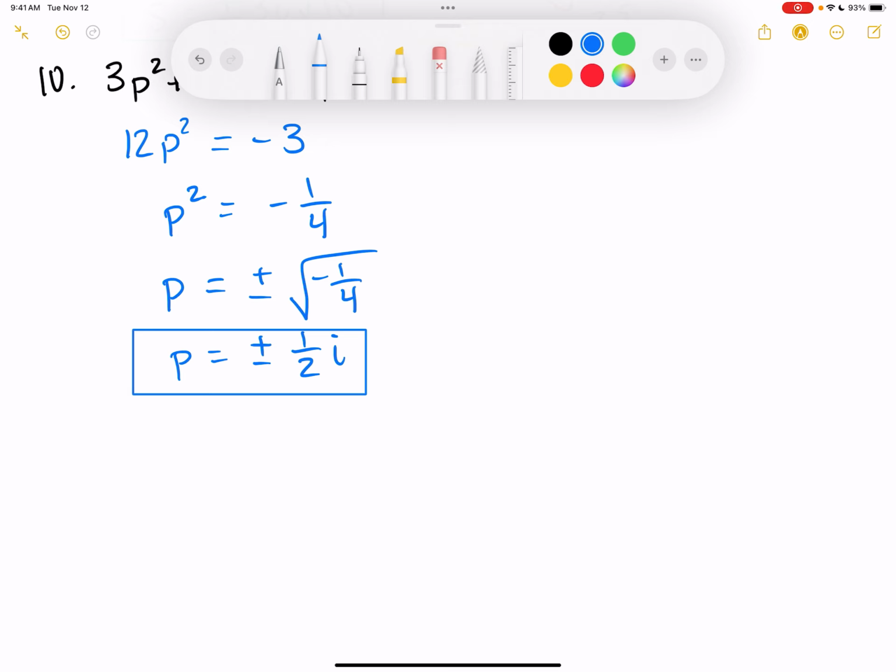All right. Jumping to write the expression as a complex number in standard form. 6 minus 3i plus 5 plus 4i.